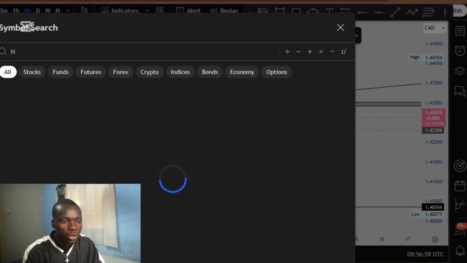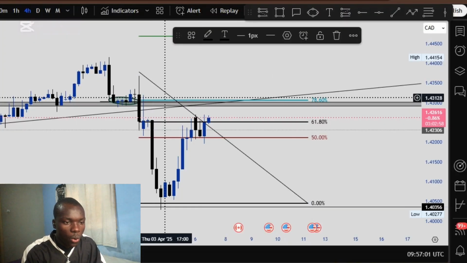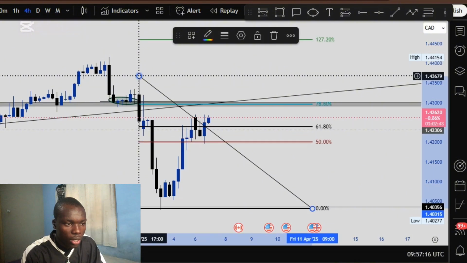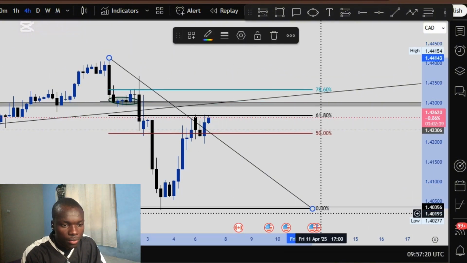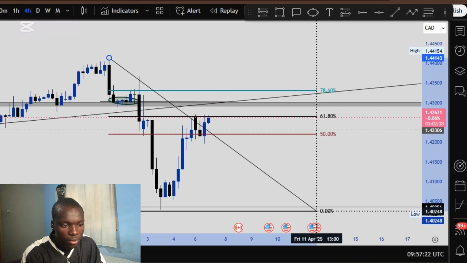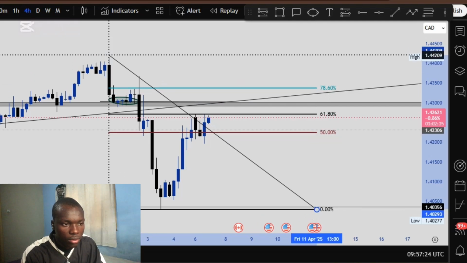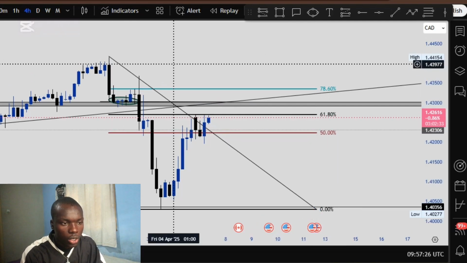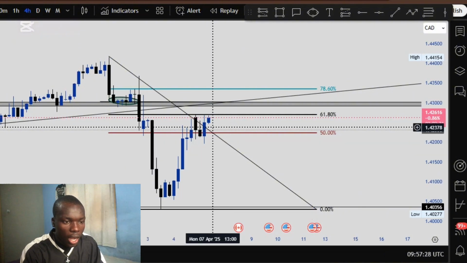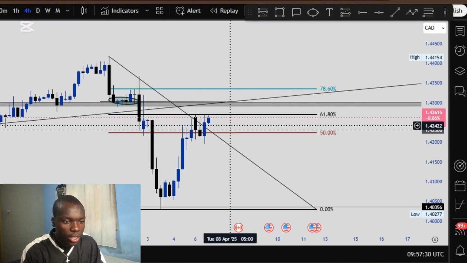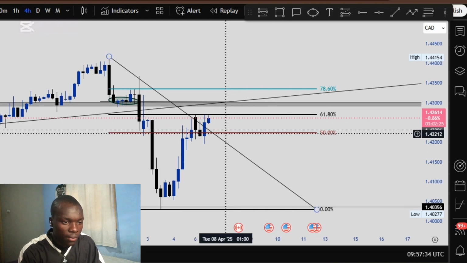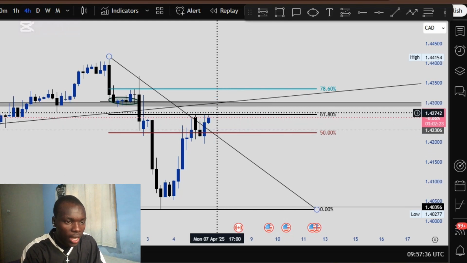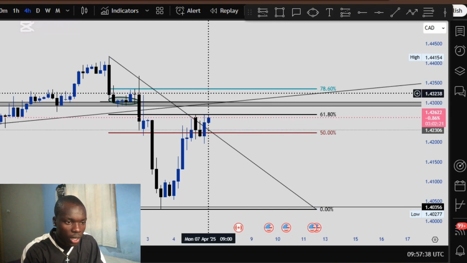So all we have to do now is drag it again to the first one, which is this. So this is what we're expecting now. It is in between our cycle level 78, 61 and the 50%. So it's also at that particular zone.